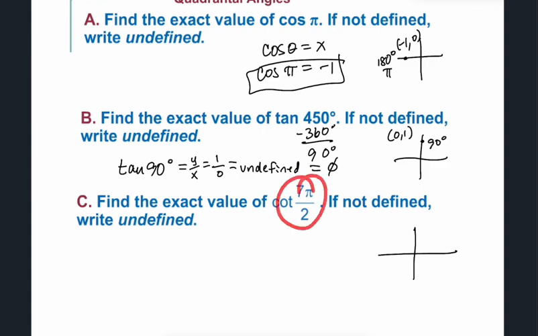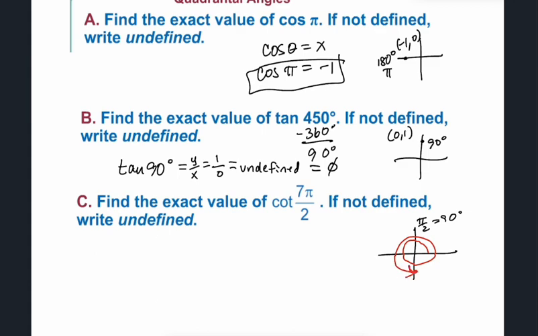So this is really 7 pi over 2. So we're going to just do a little trick here, okay? So we know pi over 2 is 90. Let's count 7 of them. 1, pi over 2, 2, 3, 4, 5, 6, 7 lands me down there.